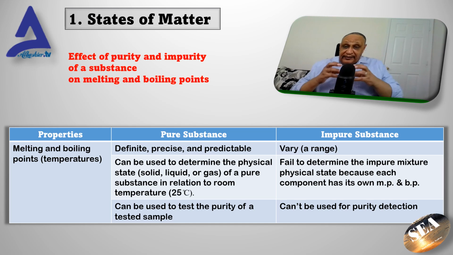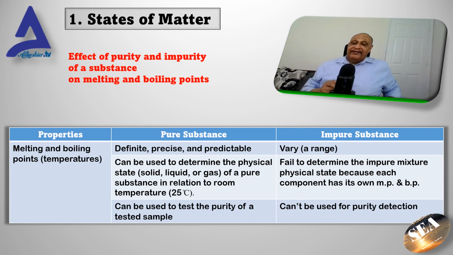If the measuring temperature is 25 degrees centigrade, nothing above nor below, neither above 25 nor below 25, I would like to know the status of this substance at 25 degrees centigrade. So this is the main condition of this test.